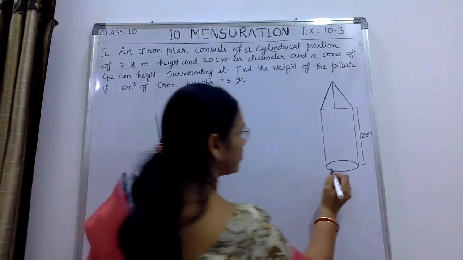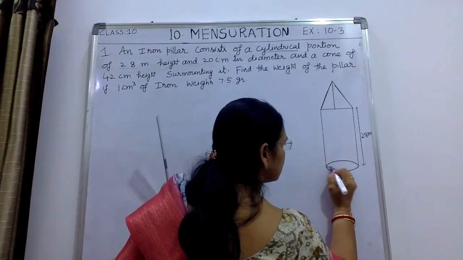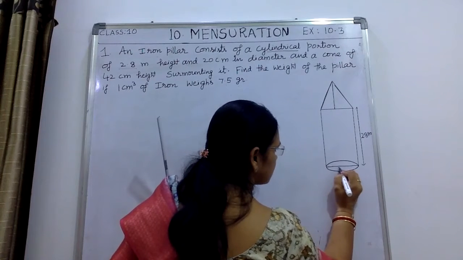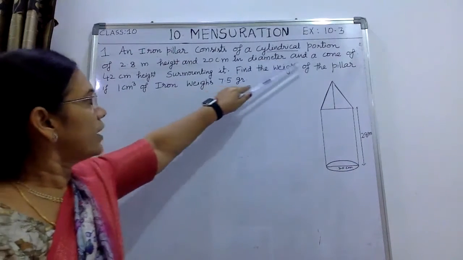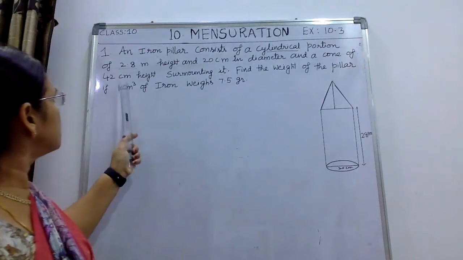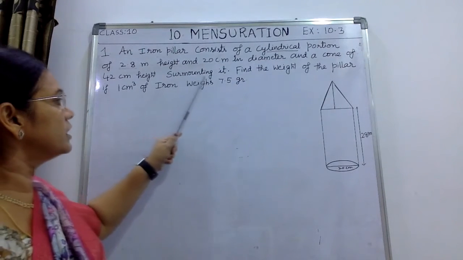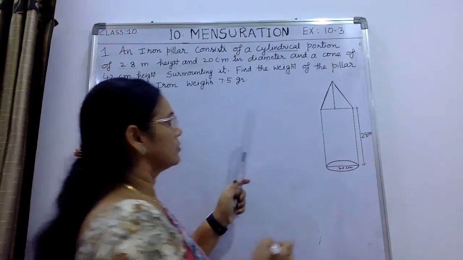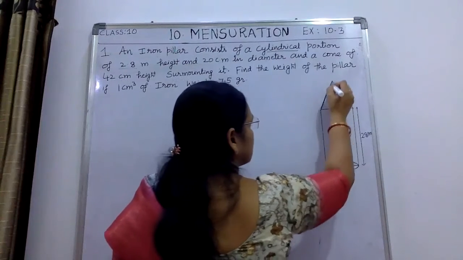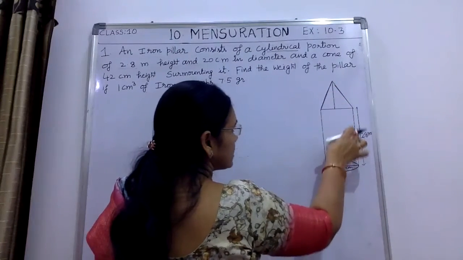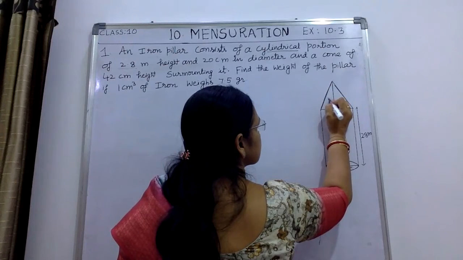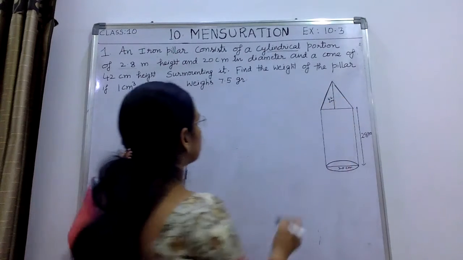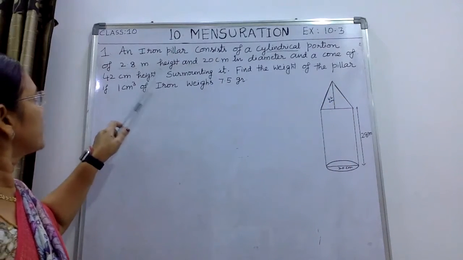So the diameter is 20 centimeters, and a cone of 42 centimeters height surmounting it. This cylindrical portion is surmounted by a cone of height 42 centimeters.